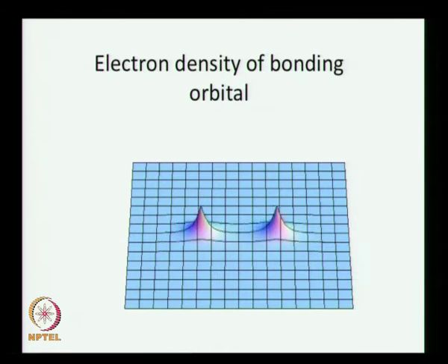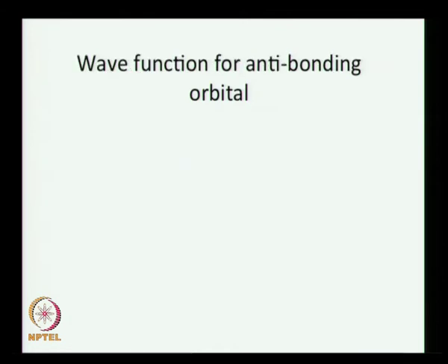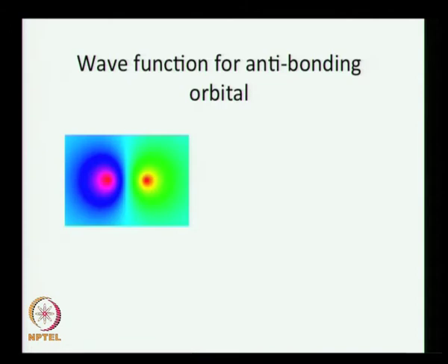Now, in the next figure you will see the same kind of plot for the wave function for the antibonding orbital. So, this is a density plot for the antibonding orbital. This region one can say is positive, that region is negative, and right in the middle, as I have already told you, there is a nodal plane.